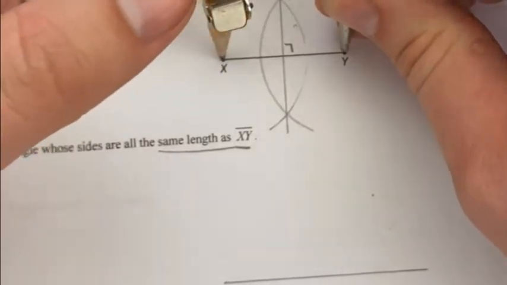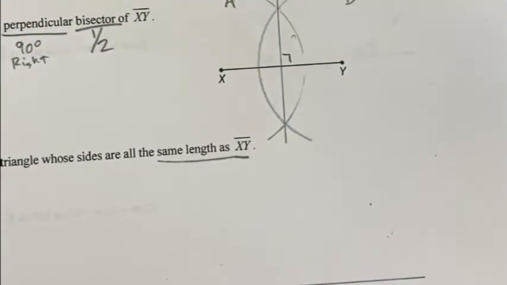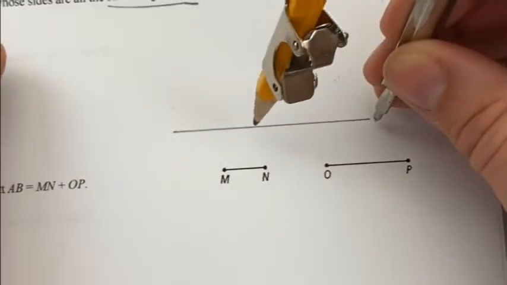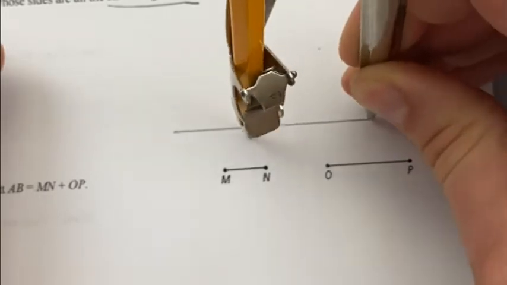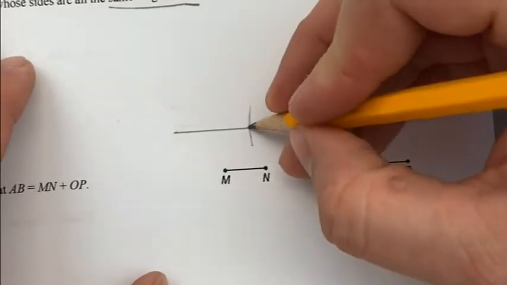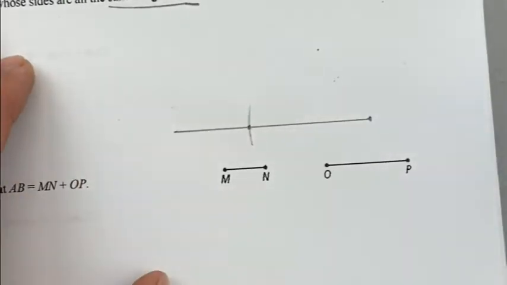You get the length right here. I'm matching the length, and kind of move it up here, and I'm going to come over here and draw an arc. There. Don't move your compass size.